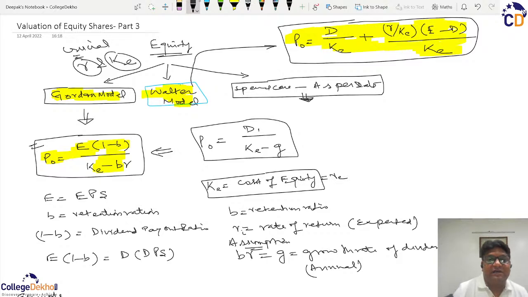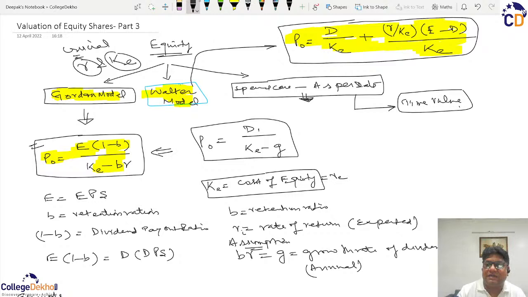Now, if there are other cases, then in all these above cases, the time value of money is the key. So time value of money is the technique to calculate P0.